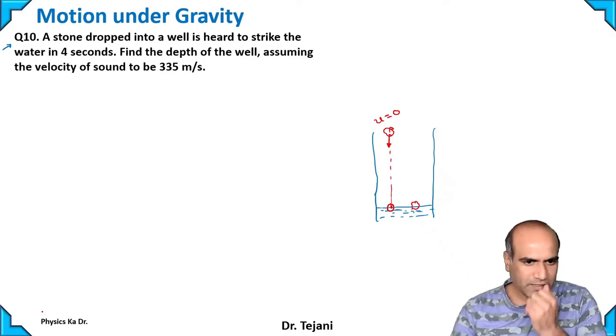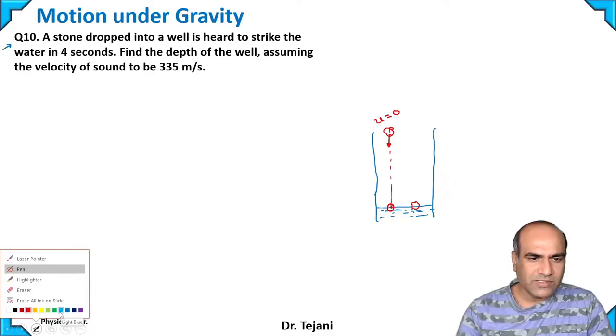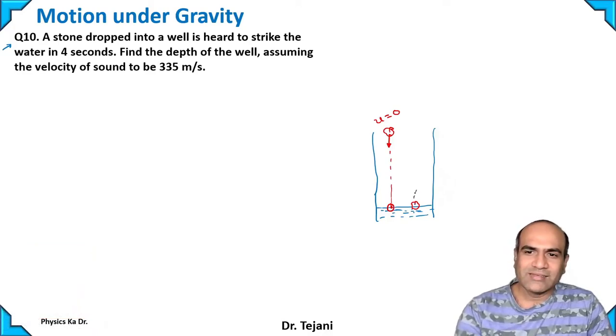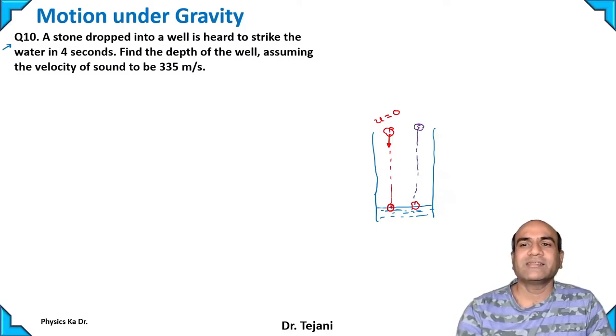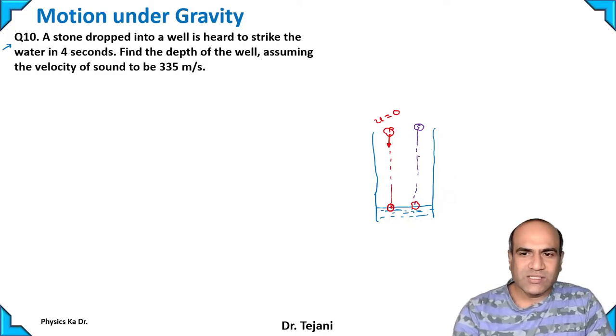Sound has no color, but let's give some color to the sound as it is moving up, up, up, and we hear it somewhere here. This is the returning journey, let's say time taken is t2 and this is t1, and the height of this well is h.